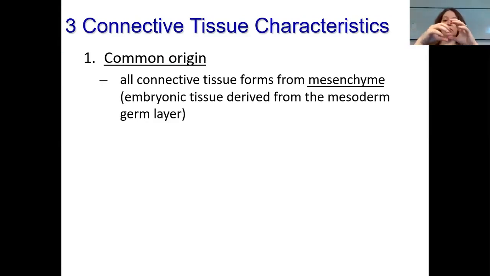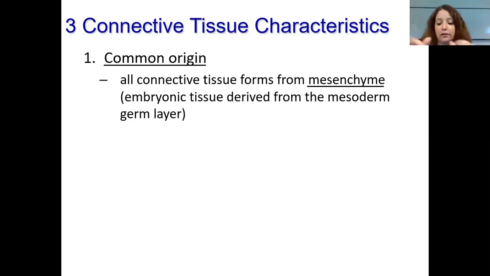So the center is hollow, and then you have the cells on the outside. And either very shortly before that blastula implants into the uterus or very shortly after, the blastula has already separated into 3 layers of cells around that hollow ball. And those cells are called the endoderm, the mesoderm, and the ectoderm.